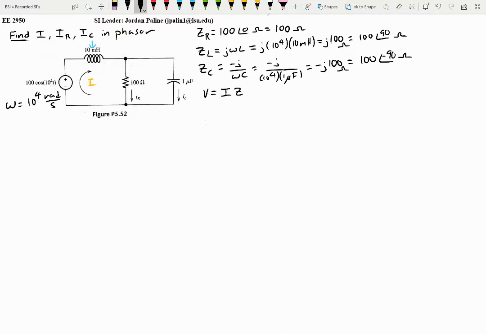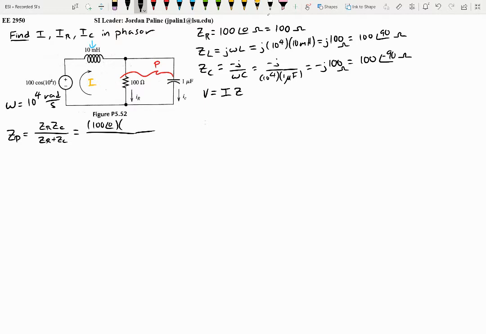So let's do that. We'll notice that these two here are going to be parallel with each other. If we write that out, Z parallel will be ZR times ZC over ZR plus ZC. Since we're multiplying on the top, let's drop our phasor values on the top.